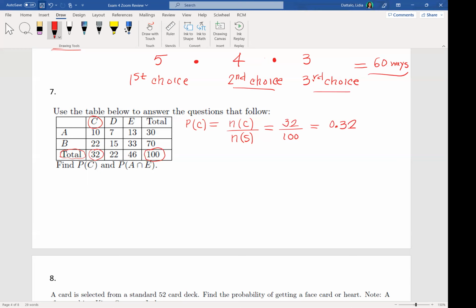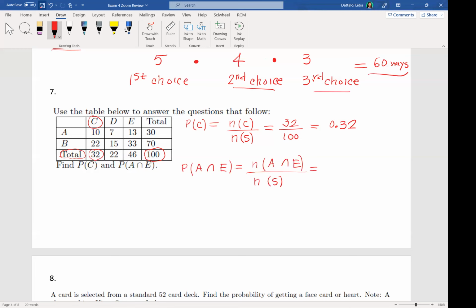Now, the probability of the intersection of A and E is the number of ways that the intersection of A and E occur, also divided by the total space.